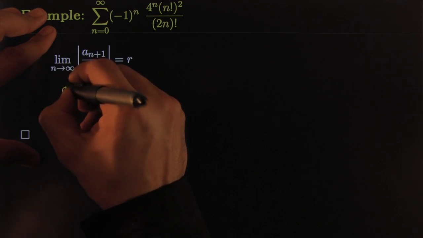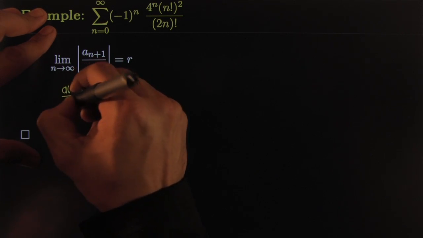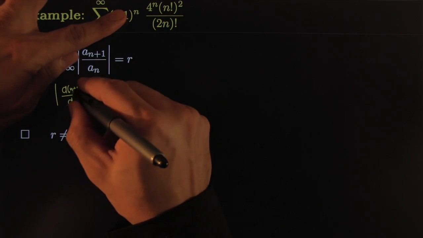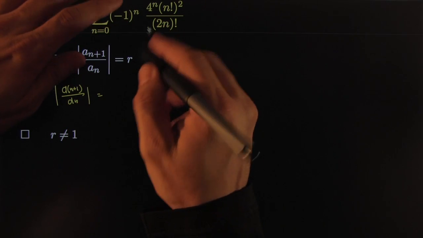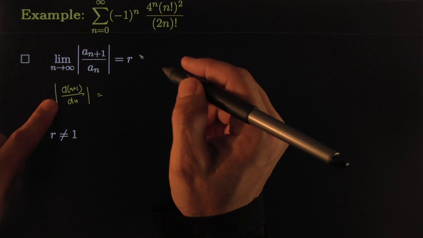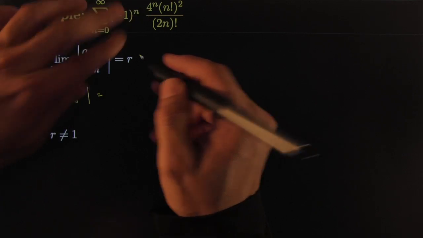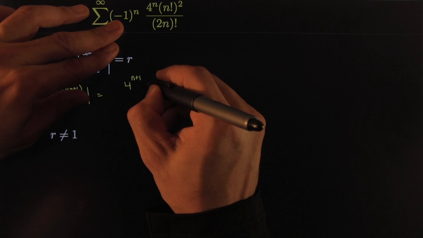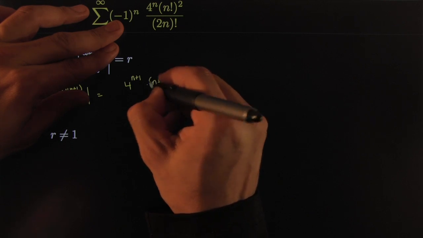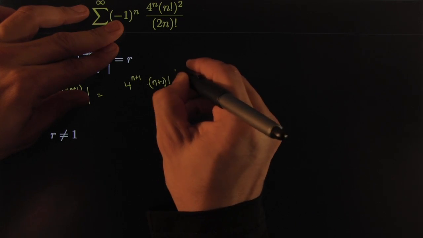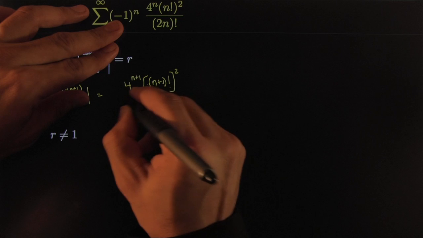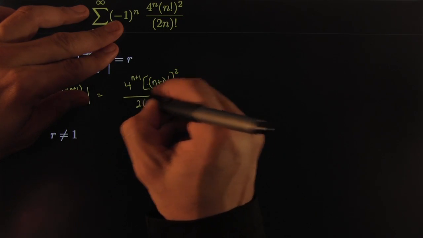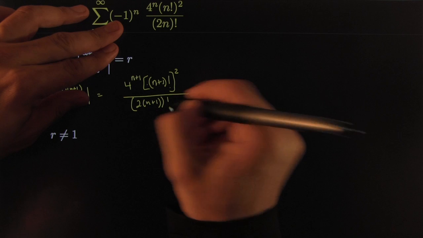So a_(n+1) over a_n, and I'm doing absolute values. That would be equal to, I've got to do the n plus 1 first. Wherever I see n, first of all I'm ignoring the sign because of the absolute values. So it'll be 4 to the n plus 1 times (n plus 1 factorial) squared, all over 2 times (n plus 1) factorial.